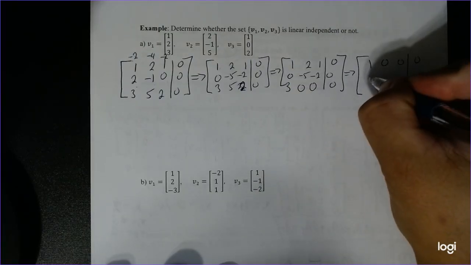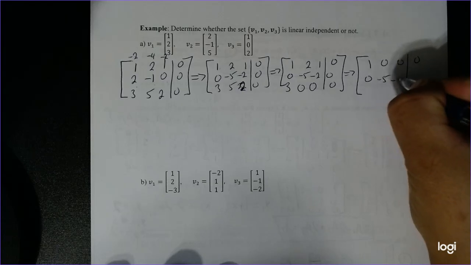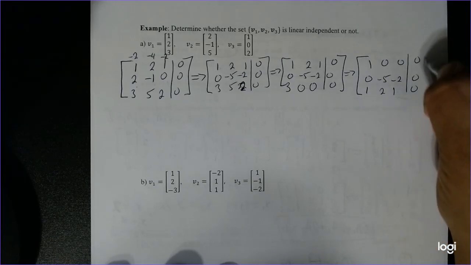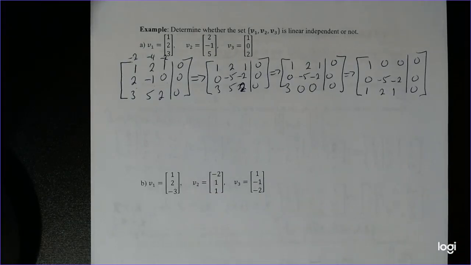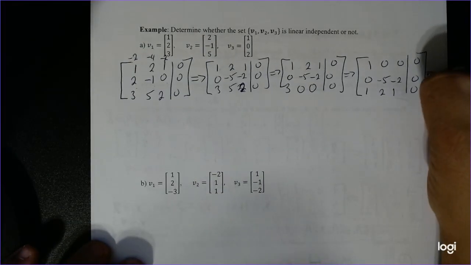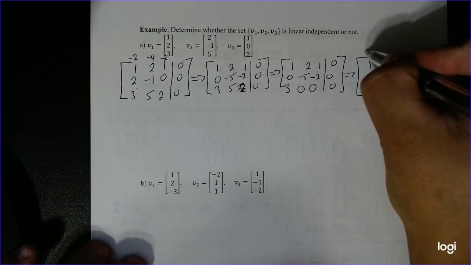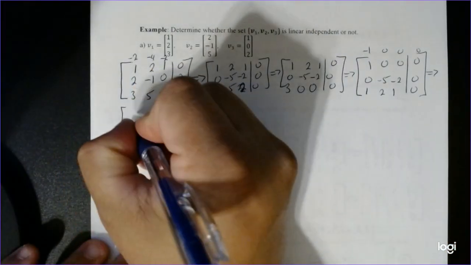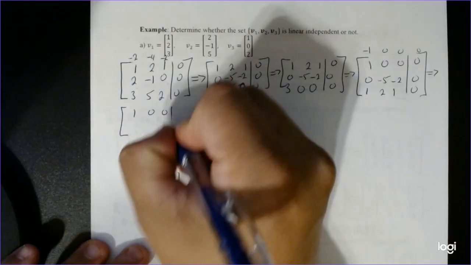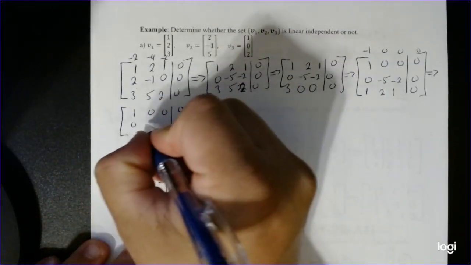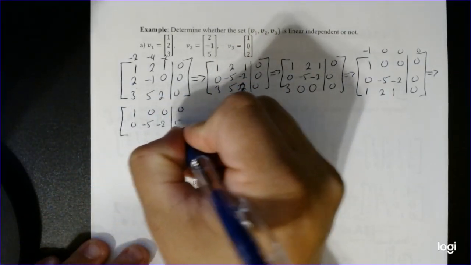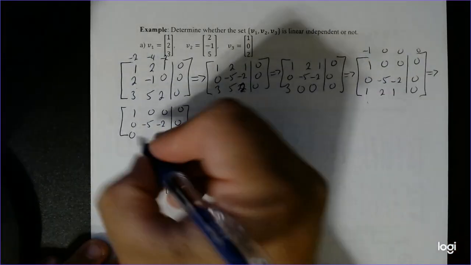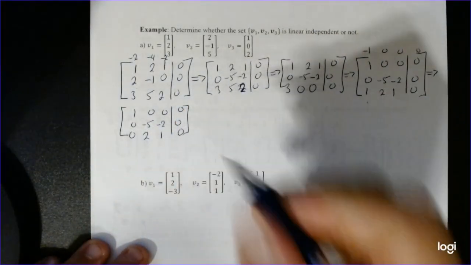I'll put this one in the middle, and this one on the bottom. Okay, so multiply by -1, and add it to the third row. That gives us this now.